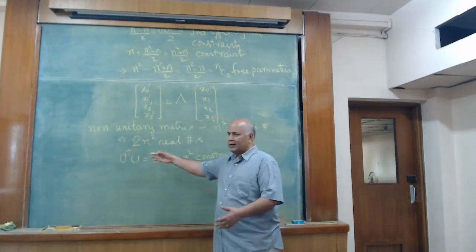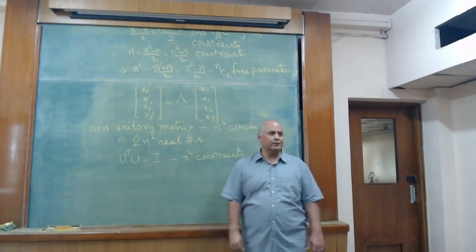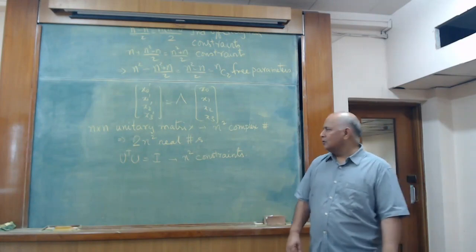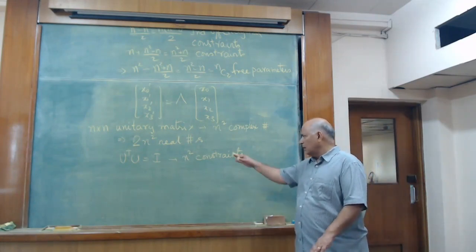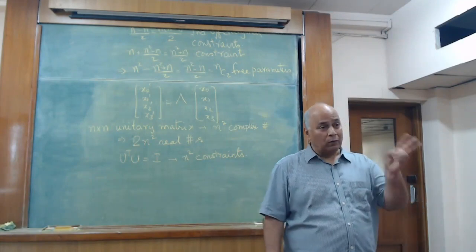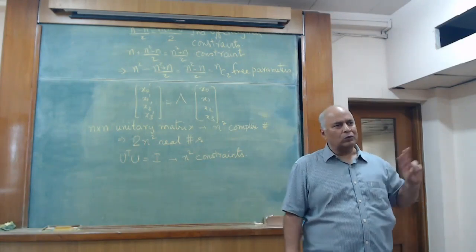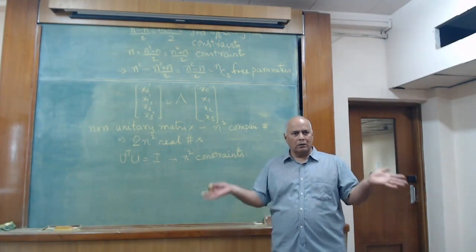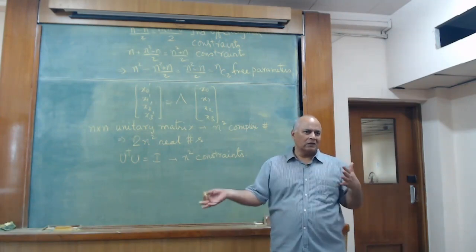U dagger U is again an n by n matrix, and again I have to worry how many of these n square constraints. I have to worry about two things. How many are dependent on each other?